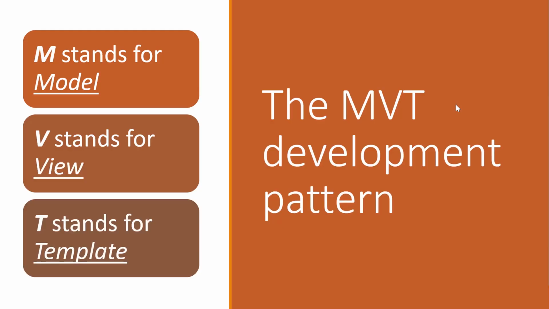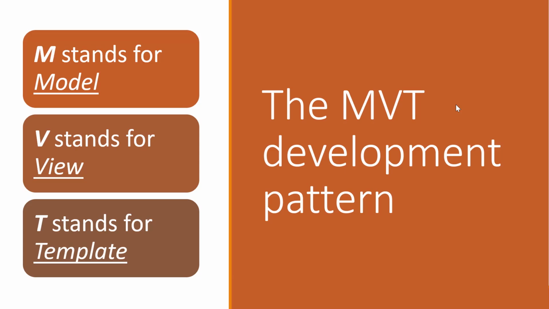Now let's discuss the MVT design pattern and what the M in this MVT design pattern is. Basically, we have already discussed how Django follows the MVT architecture pattern. MVT stands for model view template, and this MVT architecture pattern is a popular architecture which is based upon the concept of MVC, which is model view controller.